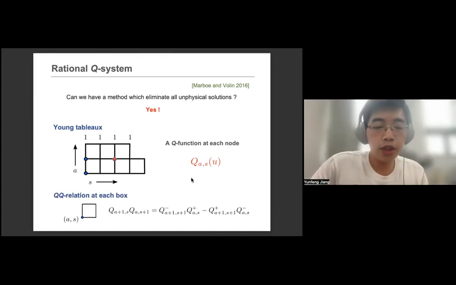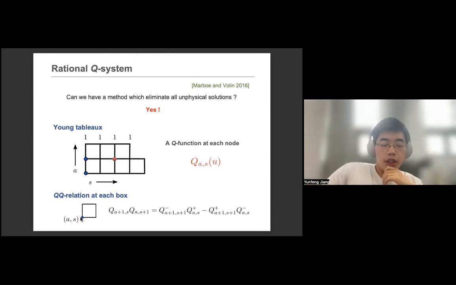Now each box, whose left lower corner is at coordinate (a,s), satisfies the QQ relation. So this means we can associate each node on the Young tableau a Q, but not all these Q are independent.